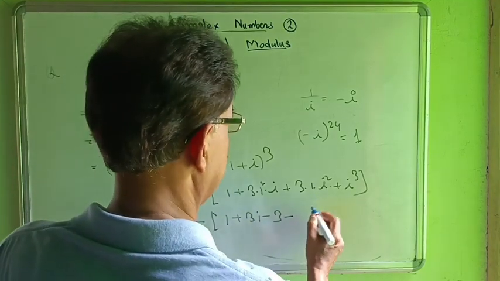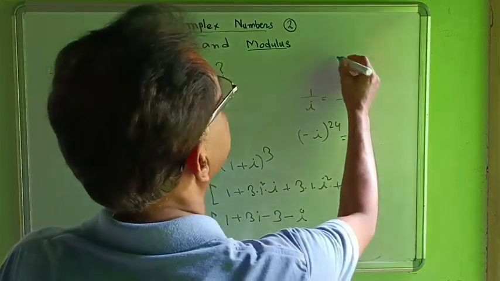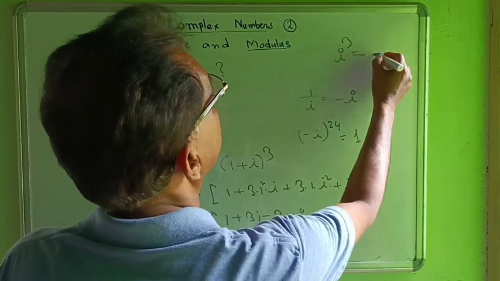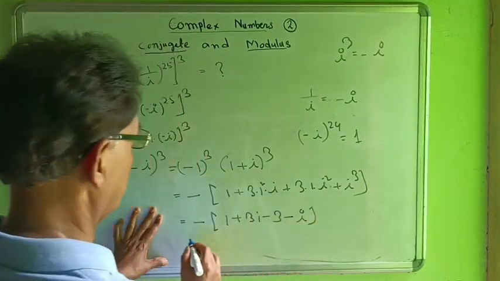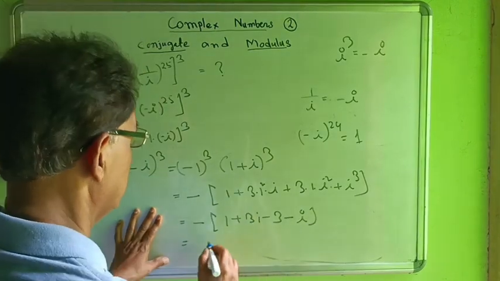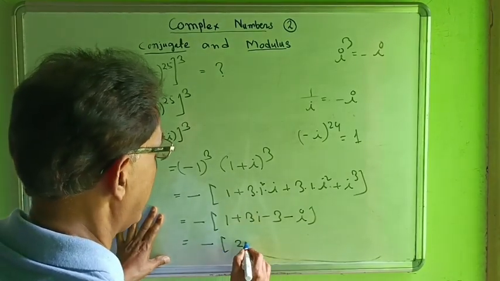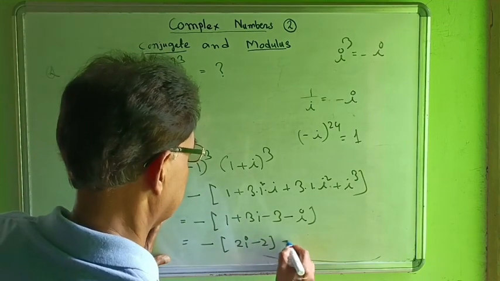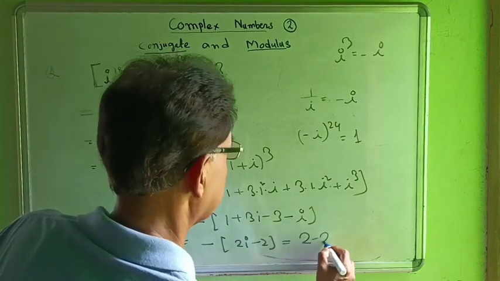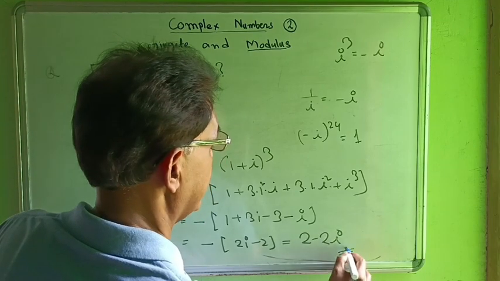And i cube is equal to minus i. This means i cube is equal to what? Minus i. This equals, we get minus 2i minus 2. This implies 2 minus 2i is the result.